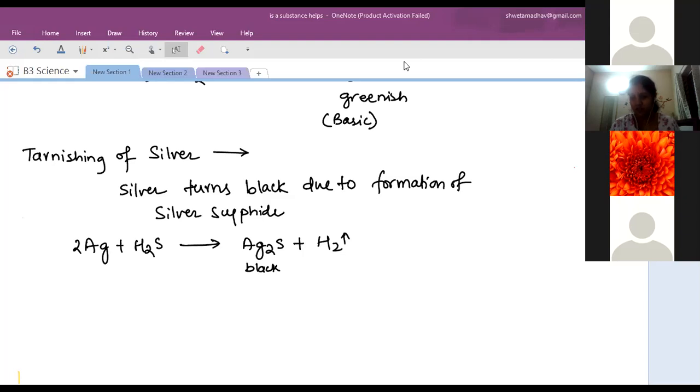Every food which consists of fats and oils undergoes oxidation. It is spoilage. The food gets spoiled. Yes, ma'am. Okay, so that is called rancidity. The spoilage of food takes place due to oxidation of fats and oils present in the food.